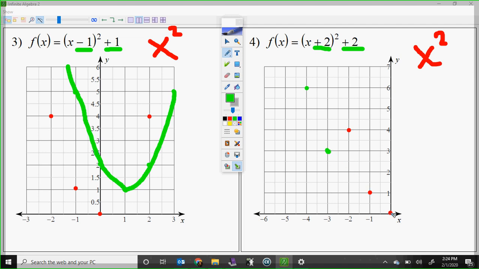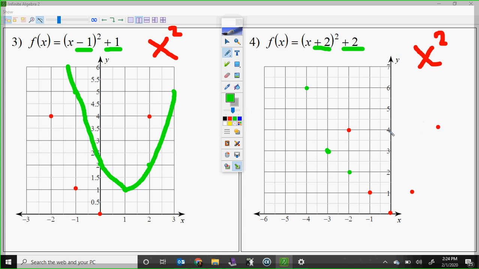And if I move this point left 2, up 2, I get right here. And I need to remember that I stopped at this point because my graph didn't keep going. But if I did, I would have had another point right here, and then over one more, and here. That's what x squared would have looked like.